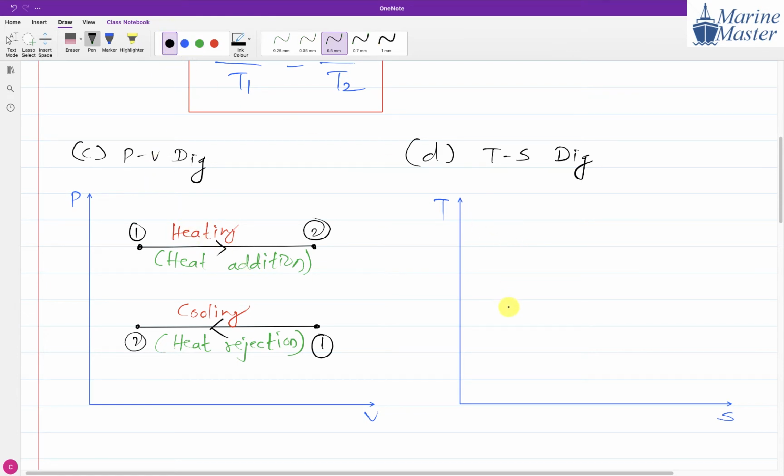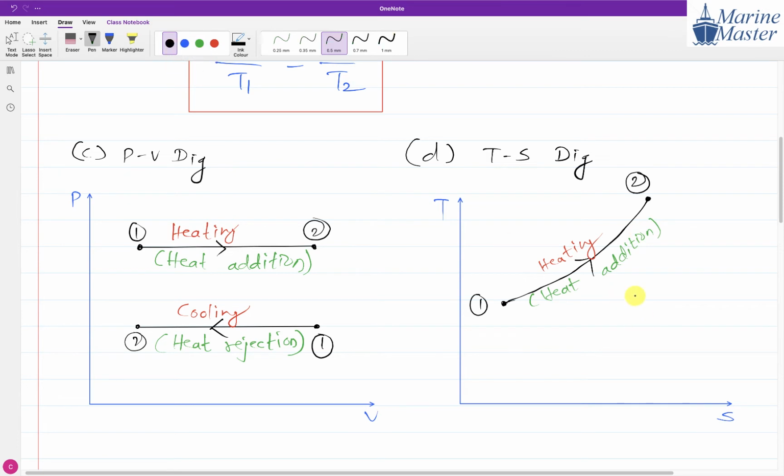So the curve on the temperature entropy diagram will be going up. Temperature and entropy are both increasing. So this is our heating scenario, which means heat addition.